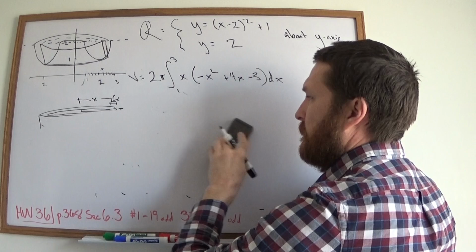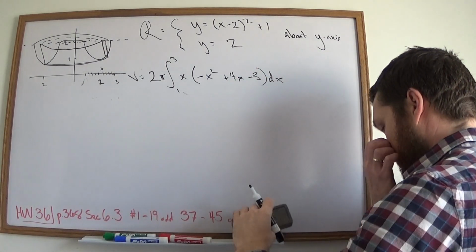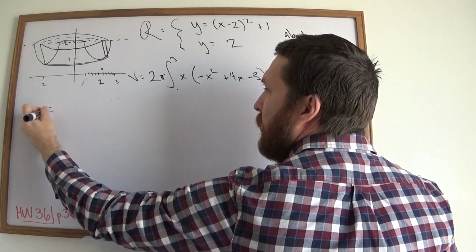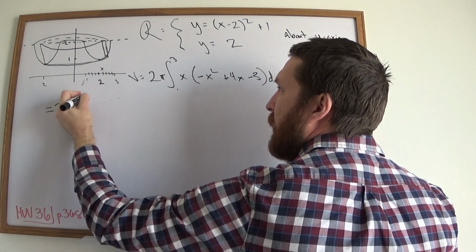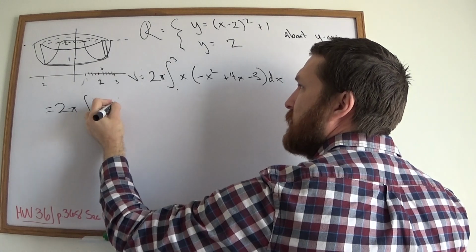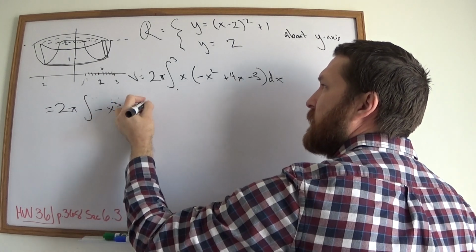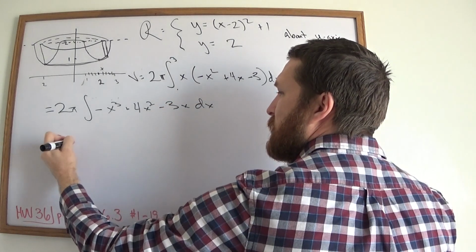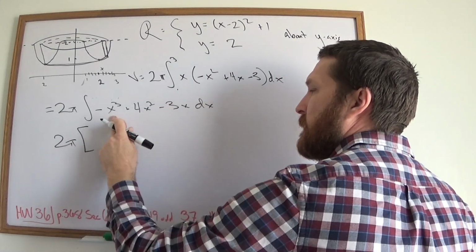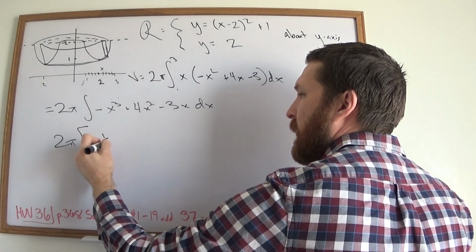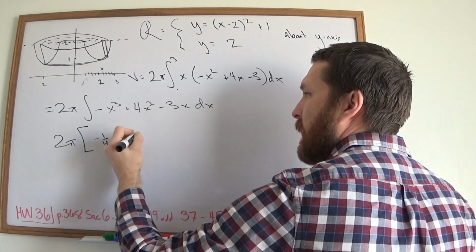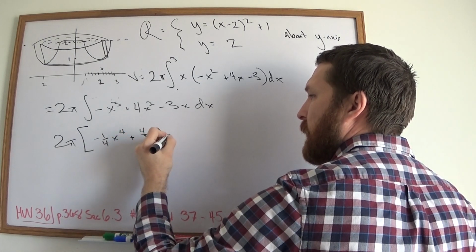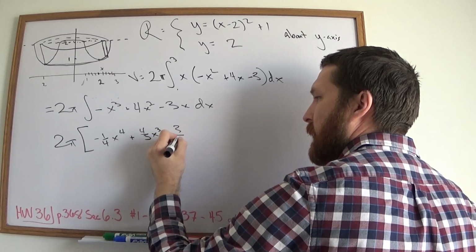Multiply that guy out. We get 2 pi times the integral of negative x cubed plus 4x squared minus 3x dx, which is 2 pi times negative 1/4 x to the 4th plus 4/3 x cubed minus 3 halves x squared.